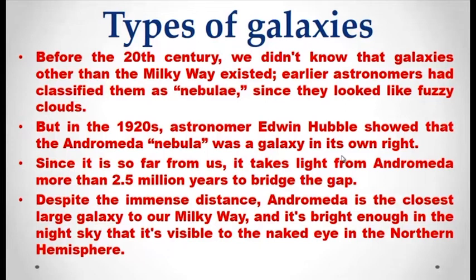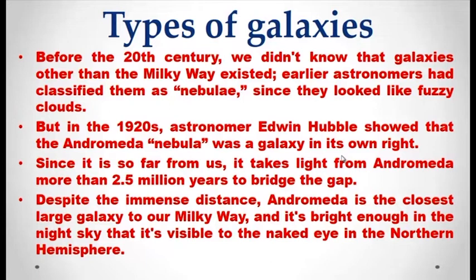Now come to the types of galaxies. Astronomers and researchers have classified galaxies into different types. Before the 20th century, we did not know that galaxies other than the Milky Way galaxy existed.